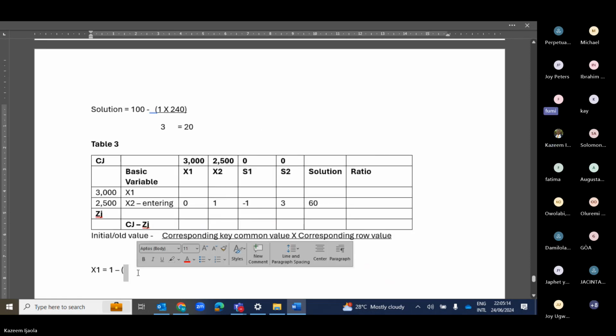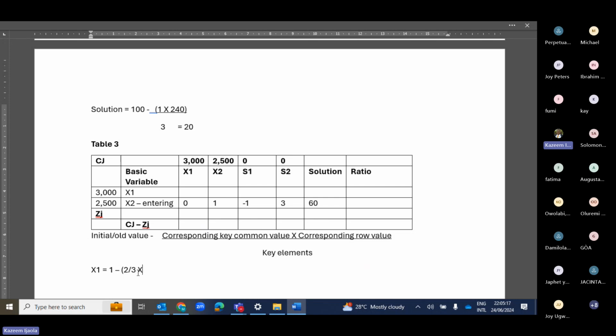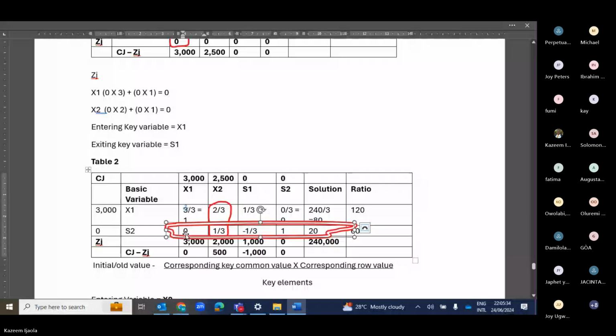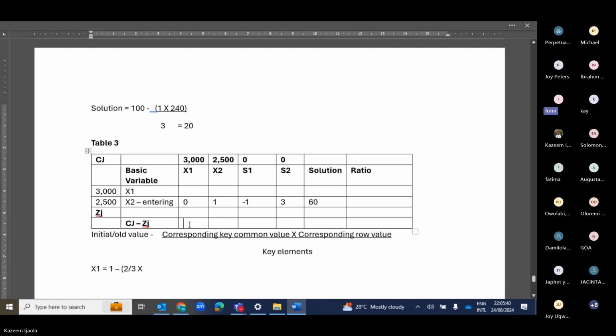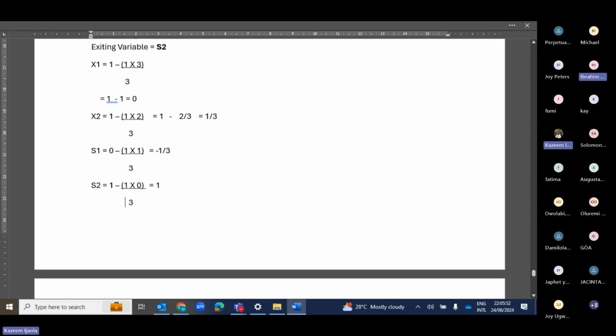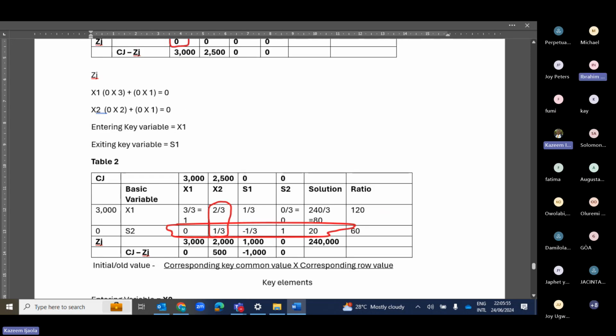So 1 minus 2/3, multiplied by your corresponding row value. What is the corresponding row value for the one? That's 0. Are you guys following me? The corresponding row value for the one is 0, divided by our key element value, which is 1/3.